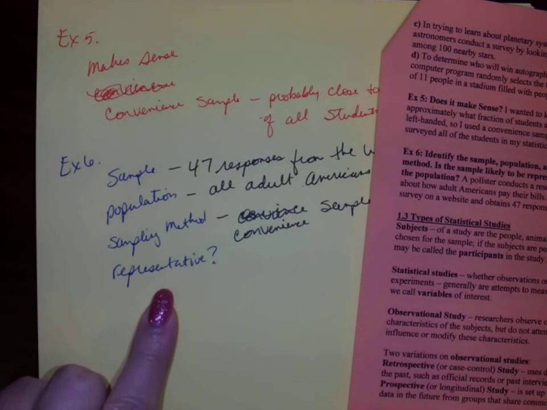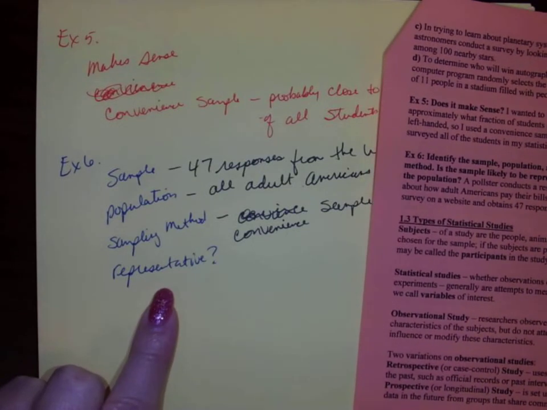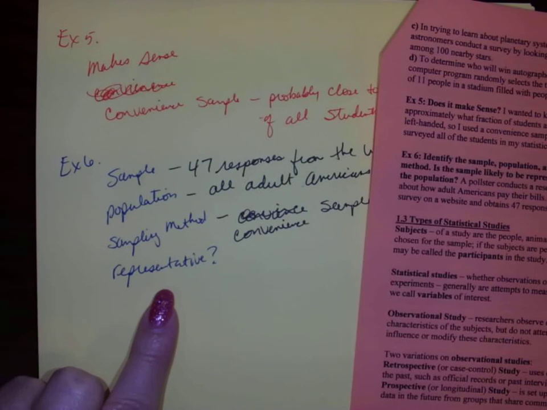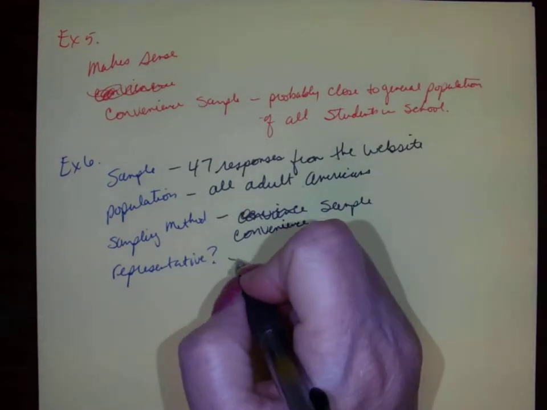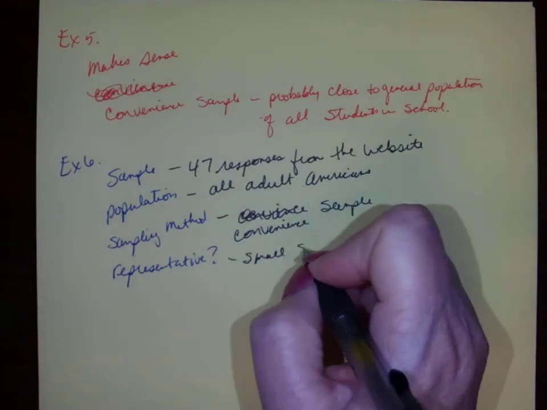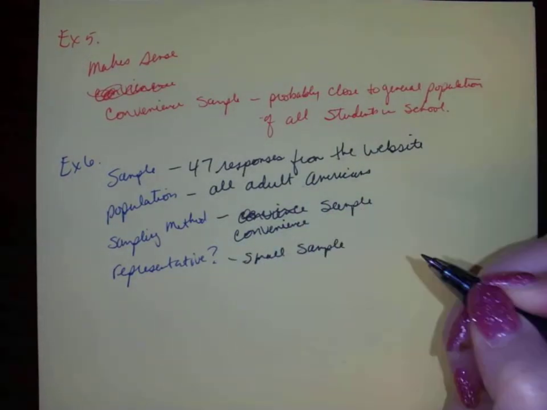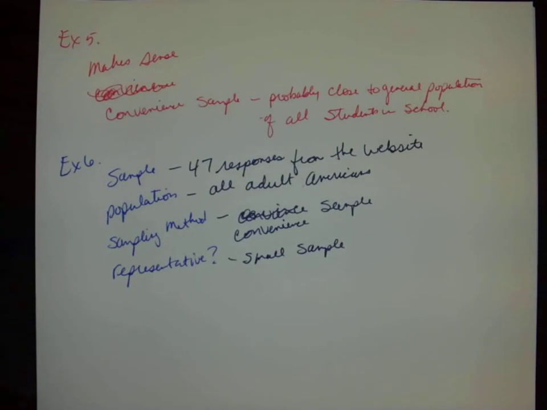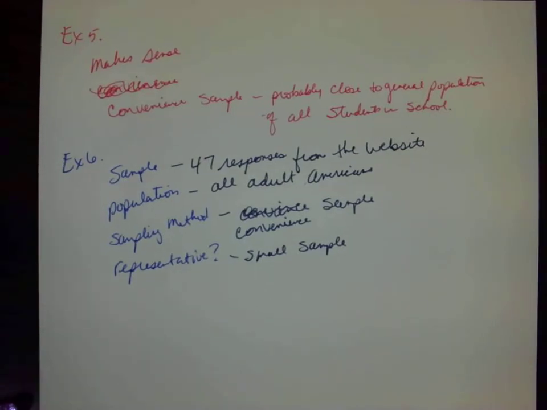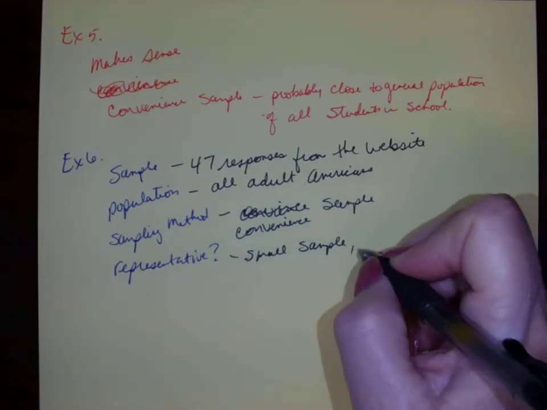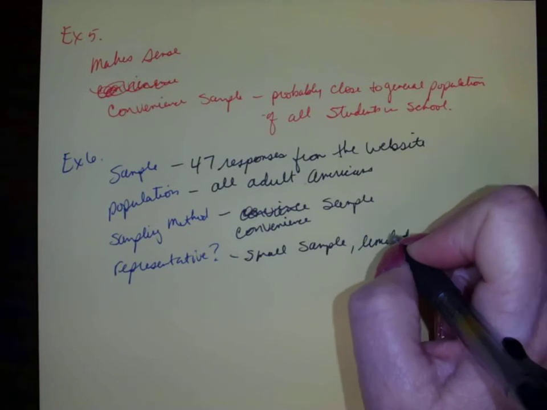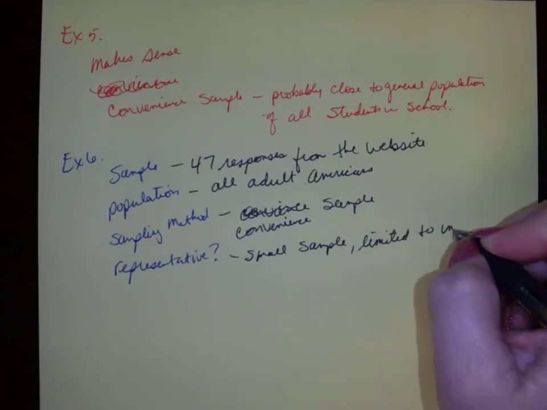Now, is this going to be representative? You're talking about all adult Americans, and it's a small sample, right? It's a very small sample, actually. And it's limited to internet users.